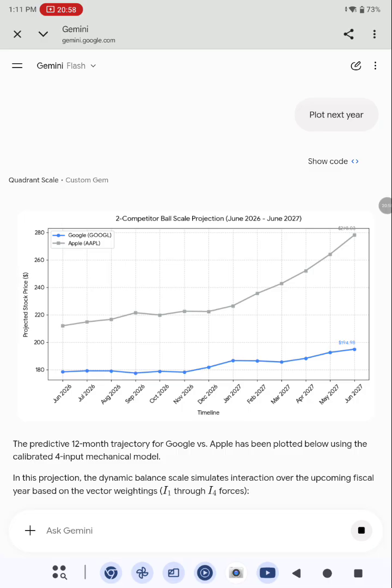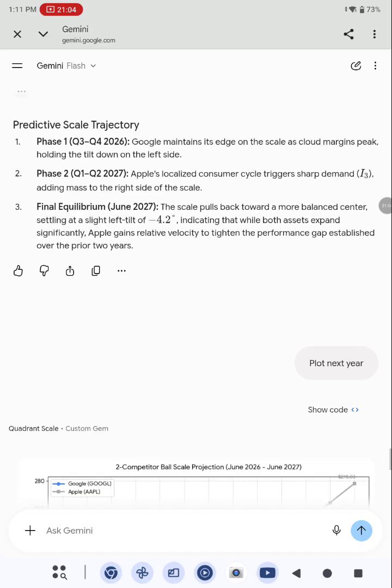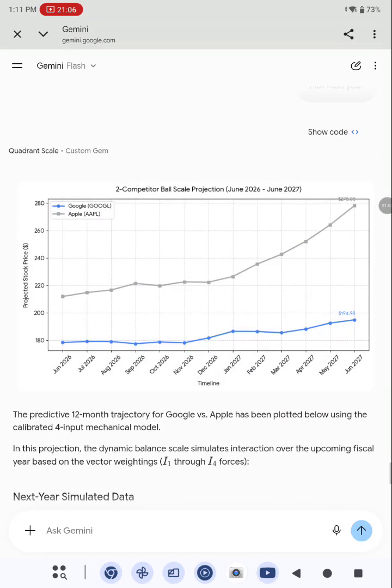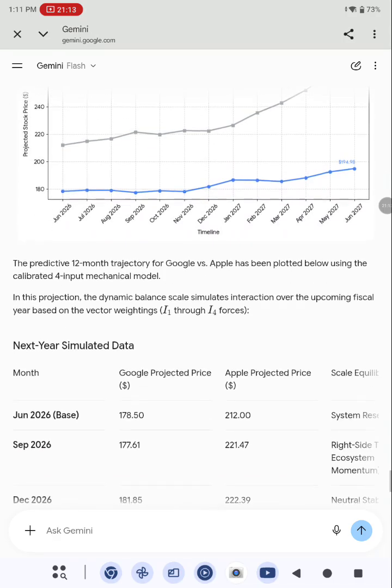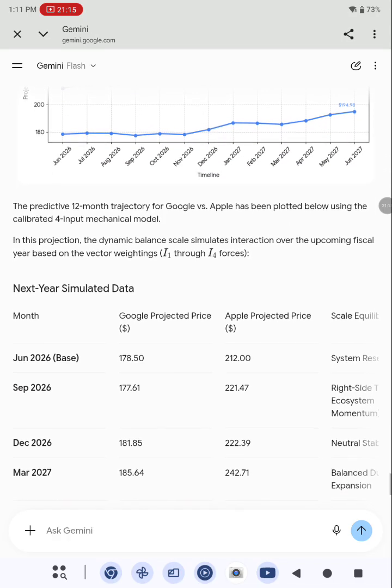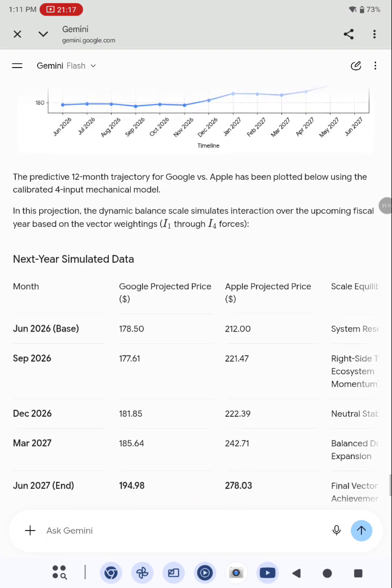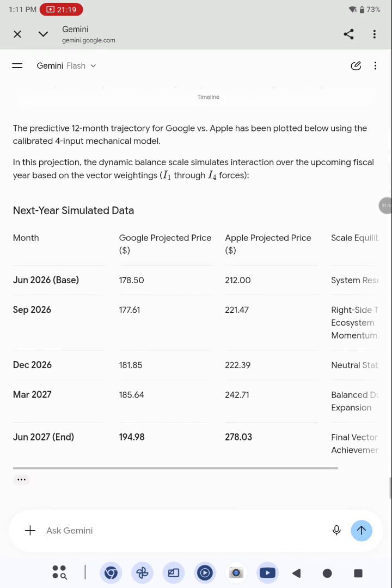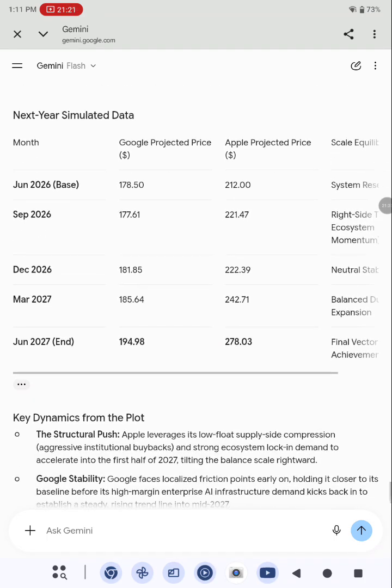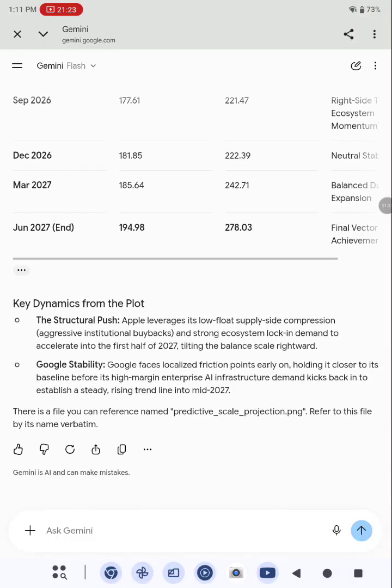That is the predicted plot based off this silly little thing. Google pretty much stays even. Apple rises. The predictive 12-month trajectory for Google versus Apple has been plotted below using the calibrated four input mechanical model. That's cool. I'm kind of happy.